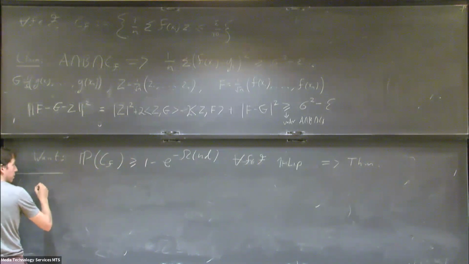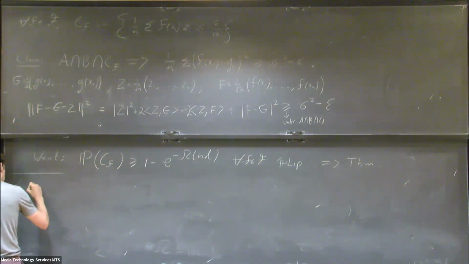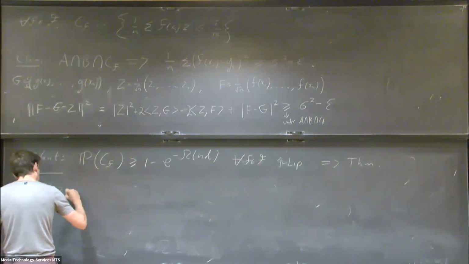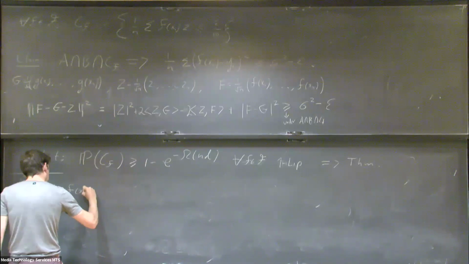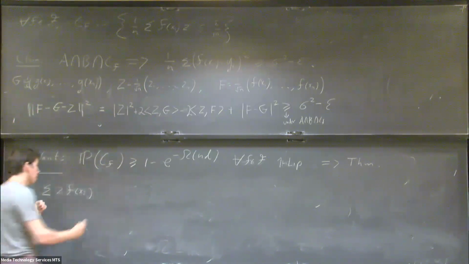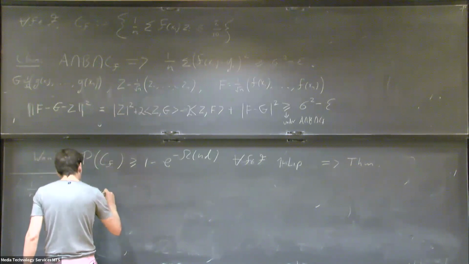Here's the point. So what was CF? CF was, we're interested in the quantity sum of Zi f of xi, and we want to say that this is usually very, very small. Instead, let's first look at this quantity.